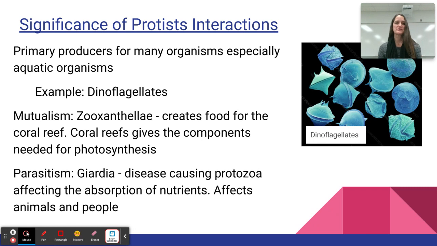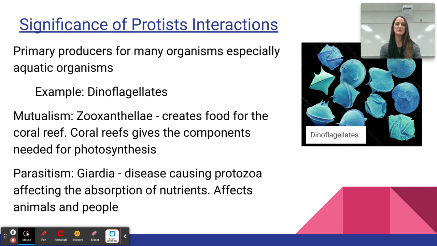So we also want to discuss the significance of protist interactions on other organisms. So protists, they are primary producers for many organisms, especially in the aquatic environment. And an example of this, and I have the image over there, is the dinoflagellates, and they will help produce food for other organisms.